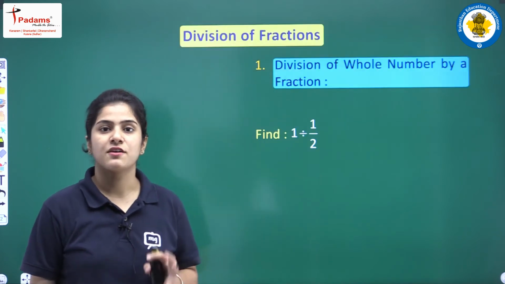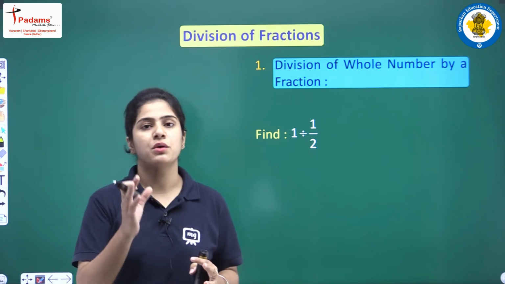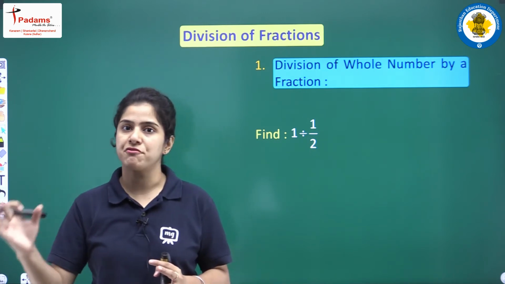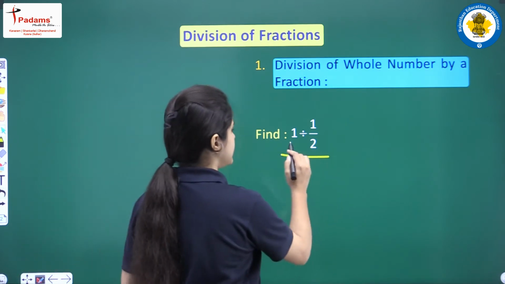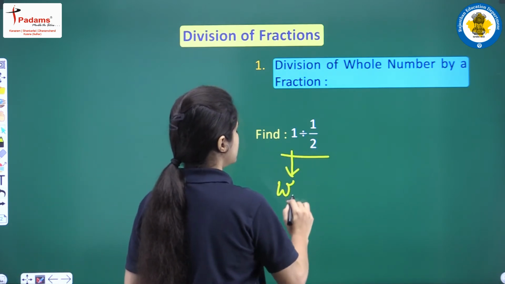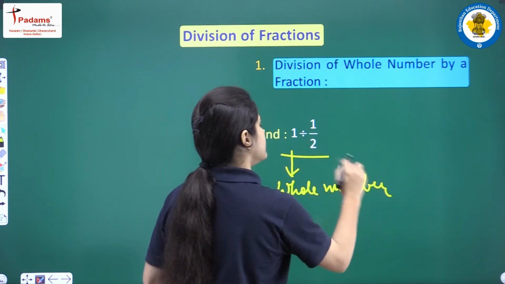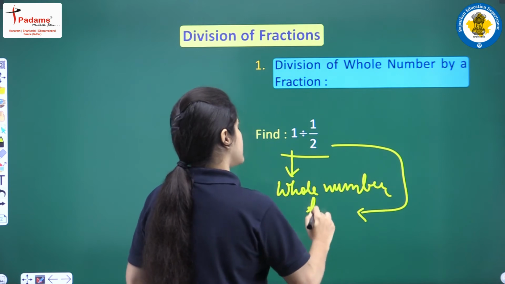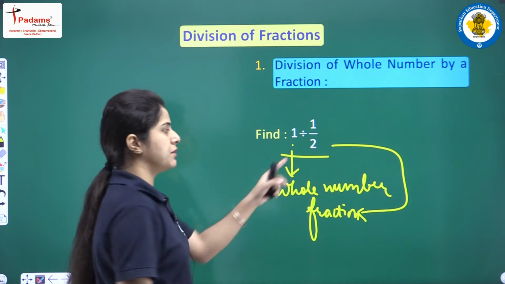So, let us start. First concept: when you want to divide a whole number by a fraction, alright students? Clearly you can see this is an example. In this, 1 is a whole number, right? And this half is a fraction, okay? So, I have to divide this whole number by this fraction.